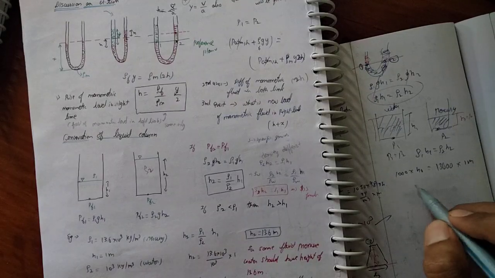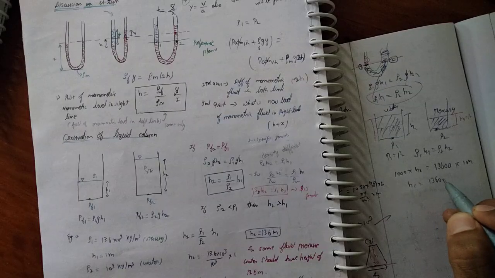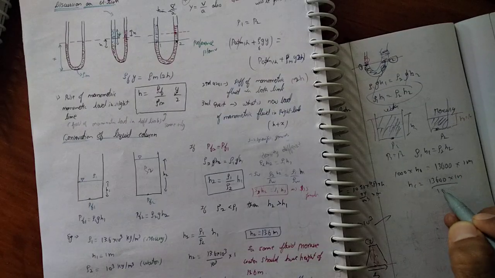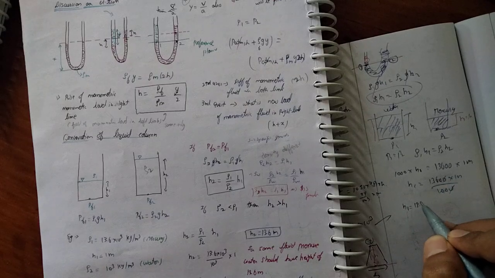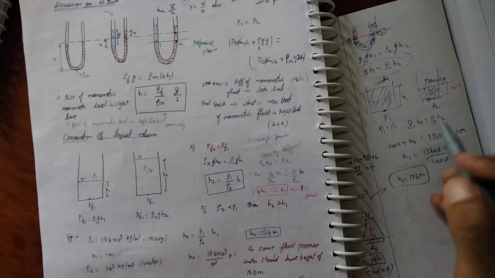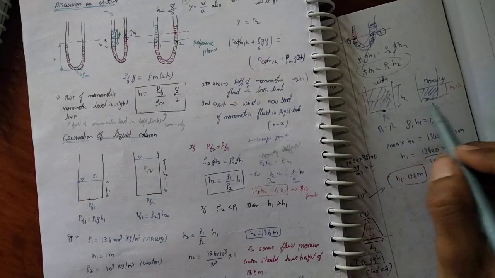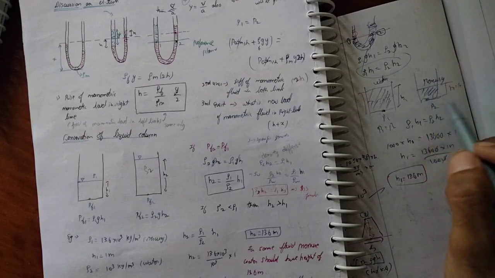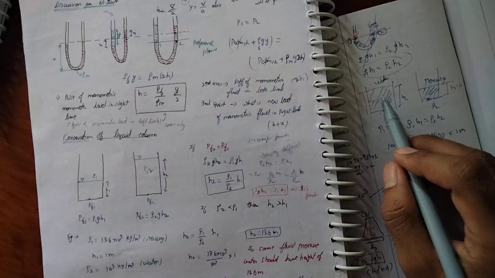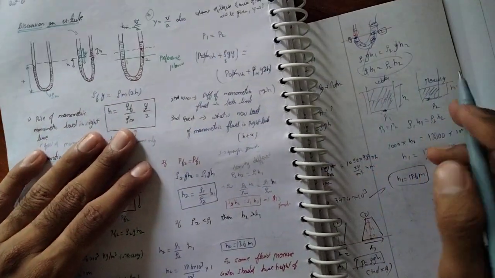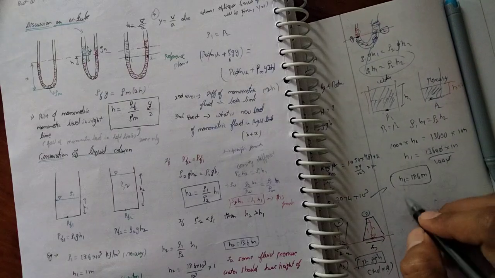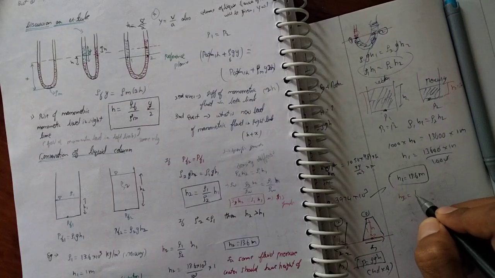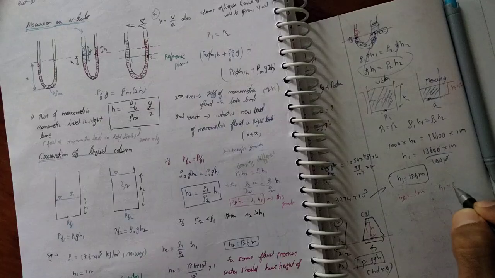So we multiply: h1 equals 13600 into 1 meter divided by 1000. So h1 equals 13.6 meter. So for the same pressure, if we fill mercury to only 1 meter of height, we need to fill water literally 13.6 meter. So height of mercury is only 1 meter, means height of water should be 13.6 meter.